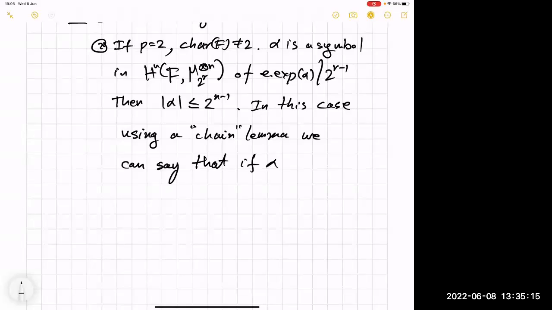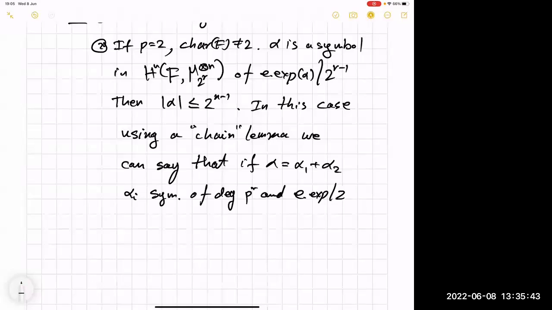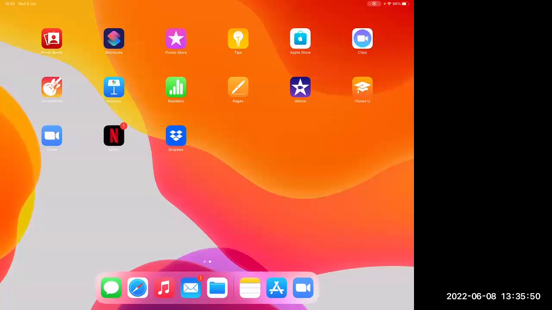Maybe say that if alpha is the sum of two symbols, let's say alpha_1 plus alpha_2, alpha_i symbols, let's say of degree 2^r, and the effective exponent dividing, not p, it's 2^(r-1), sorry.